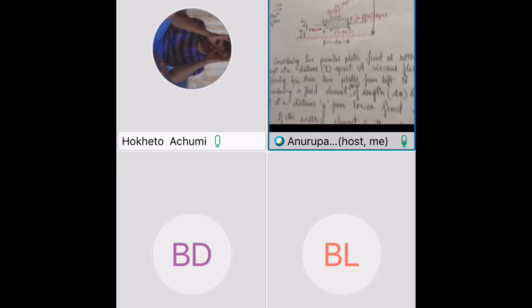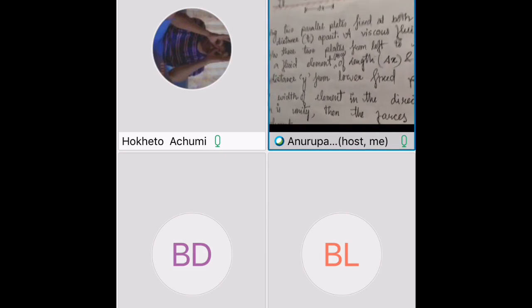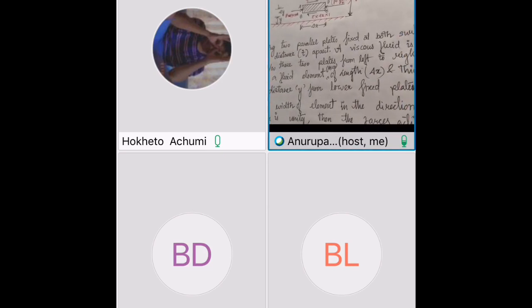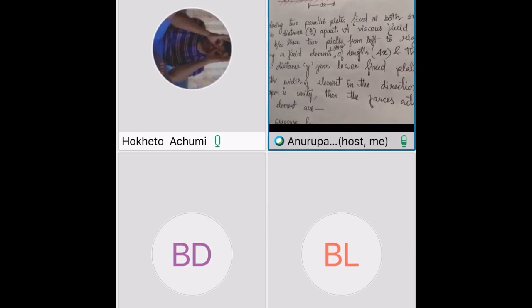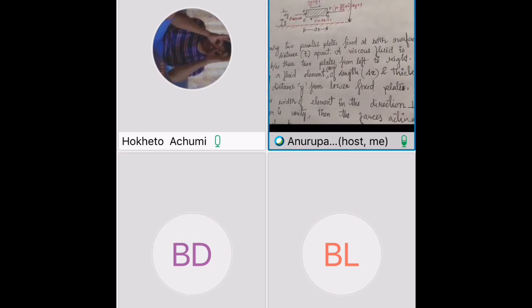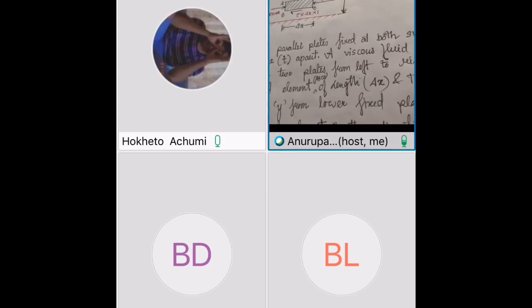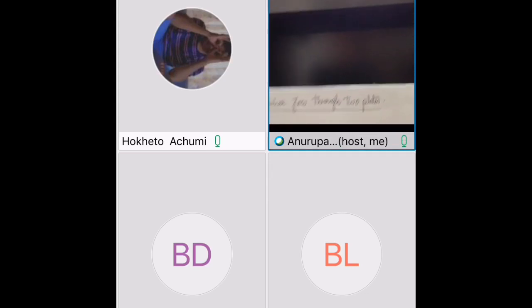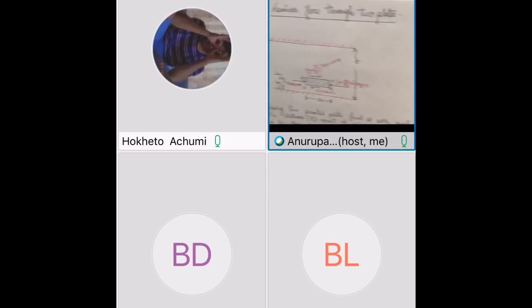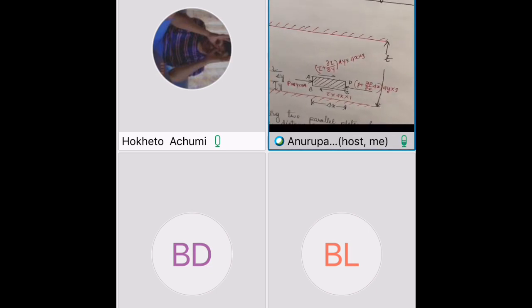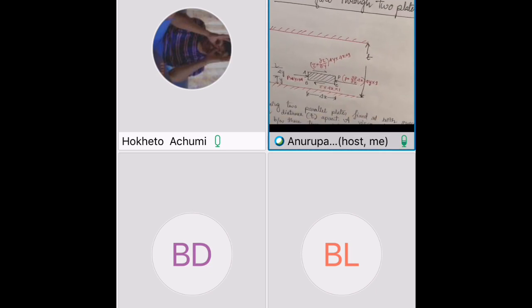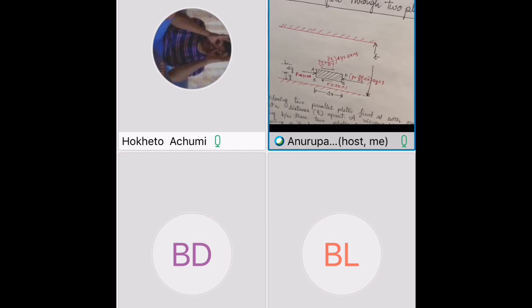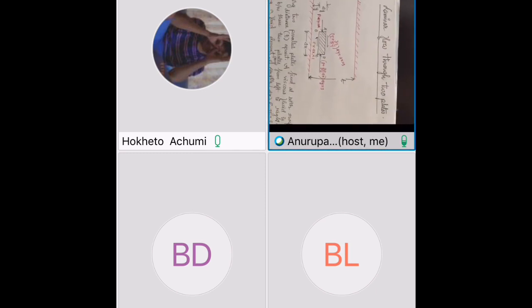So, the shear force acting on the face BC is tau into del x into 1, and the shear force acting on the face AD is (tau plus del tau by del y into del y) into del x into 1.